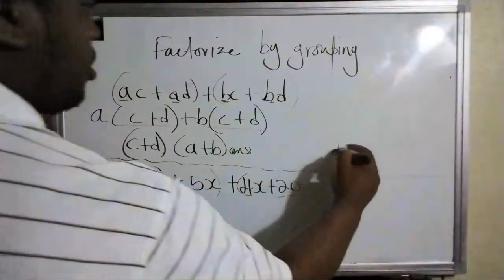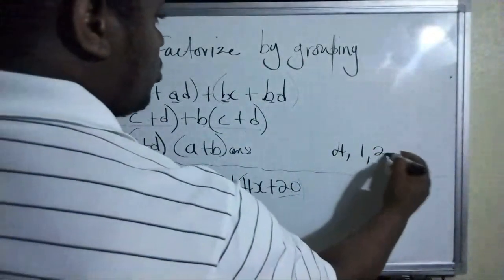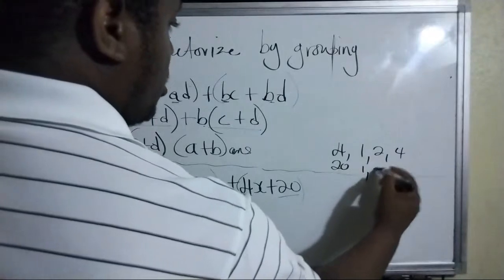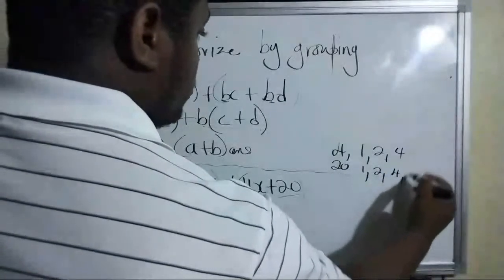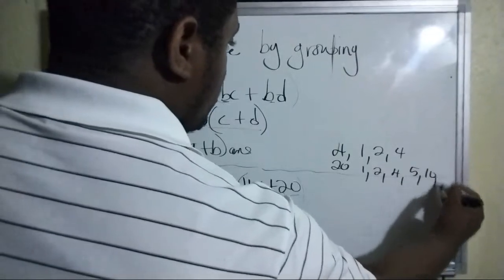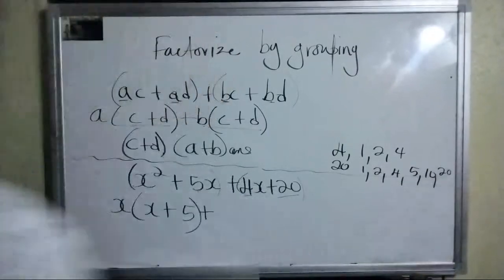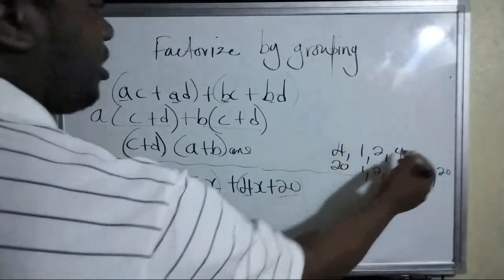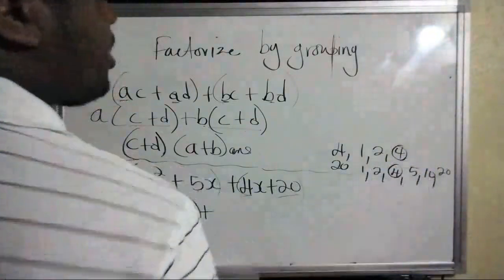If you're not sure, these are all the factors. For 4, you have 1, 2, and 4, and for 20, you have 1, 2, 4, 5, 10, and 20. Then you look for which number is common to both. That's 4, and it must be the highest one.